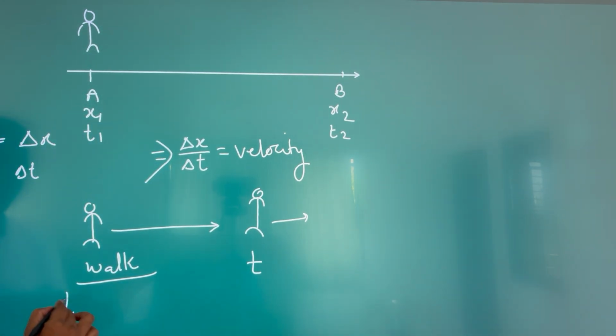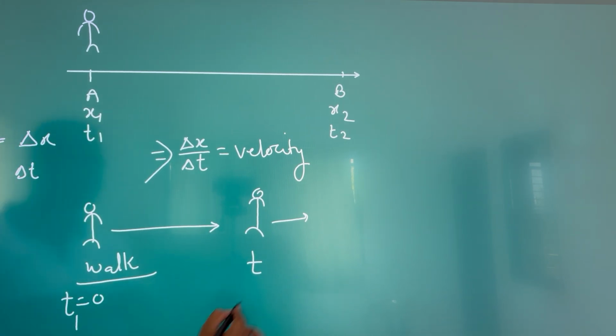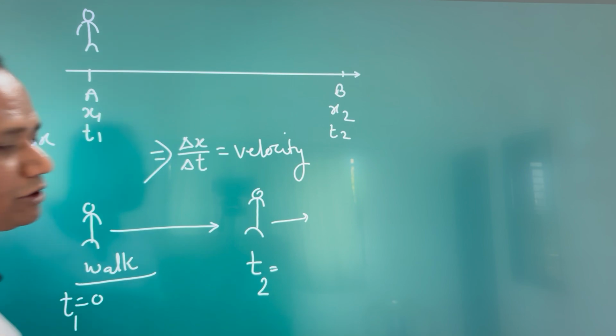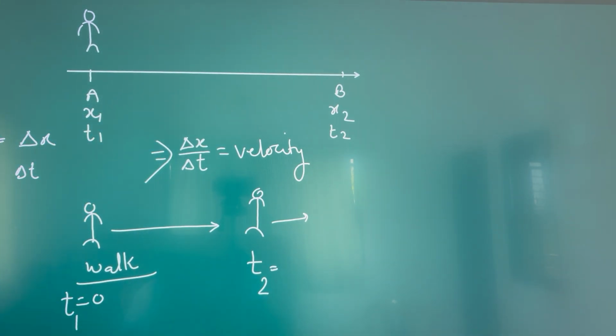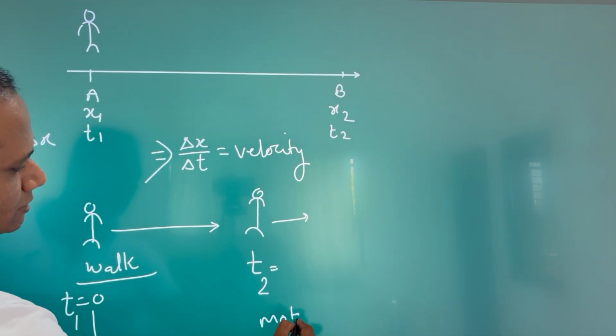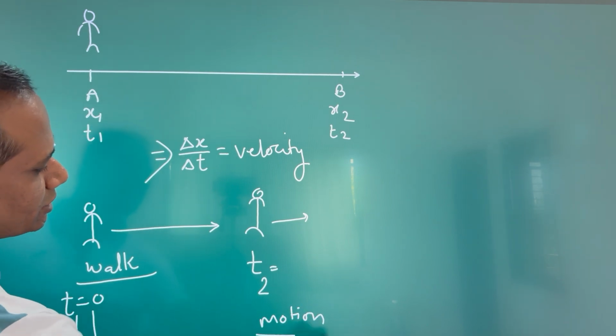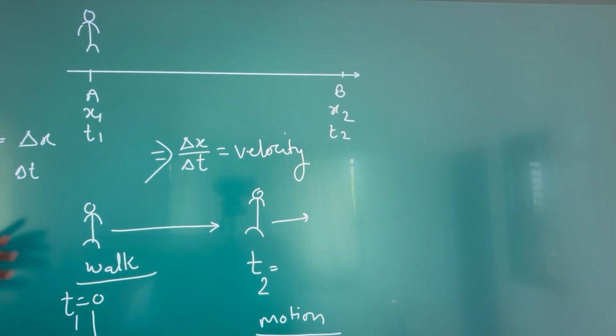Now at time t equals 0, which means the initial time, t1 is 0, and t2 is a certain later time. This person just starts from 0. Initially this person was at rest, and then is in motion with a certain velocity.